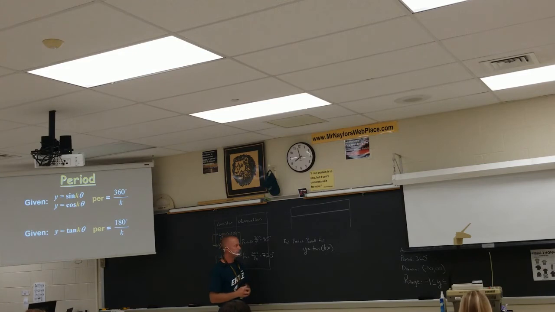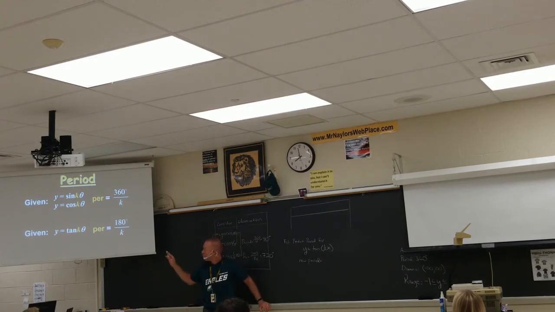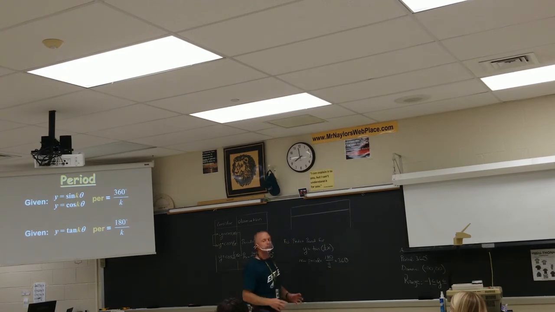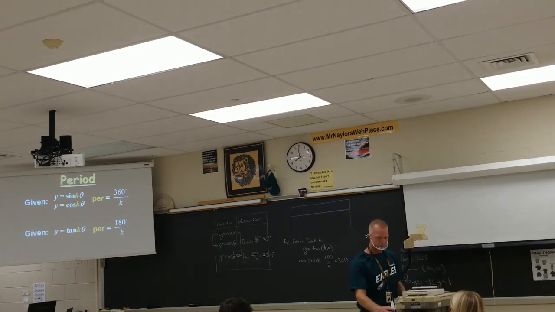We have a nice little rule. So if you trust it, the new period would have to be 180 divided by k, because 180 is the original period. Okay, it's not supposed to be a hard math problem, just giving you a chance to process this. And now I'd like you to see a period of 360 on a tangent graph.